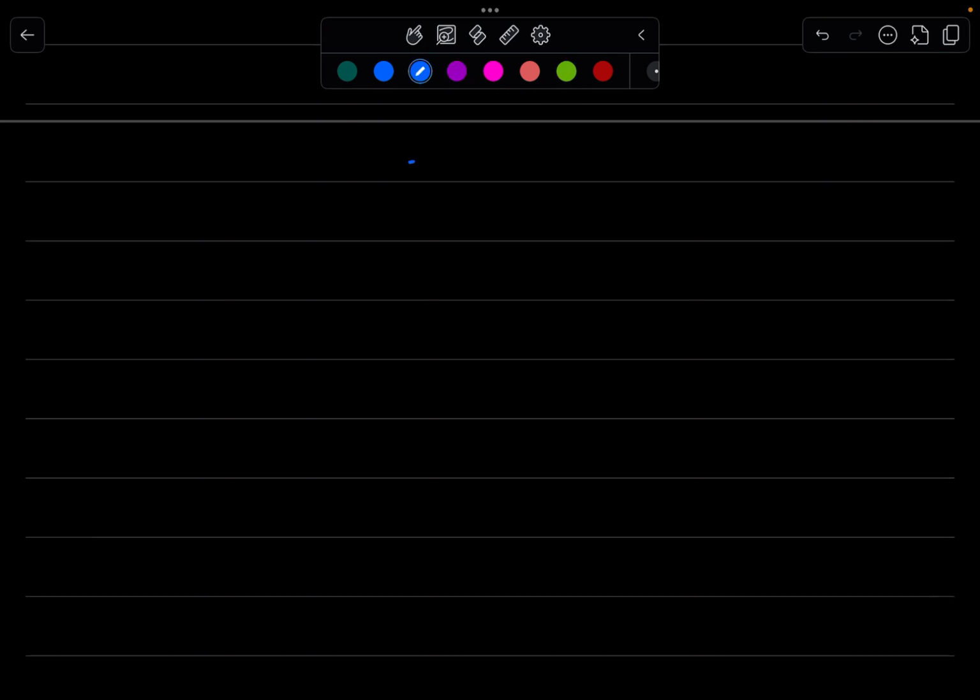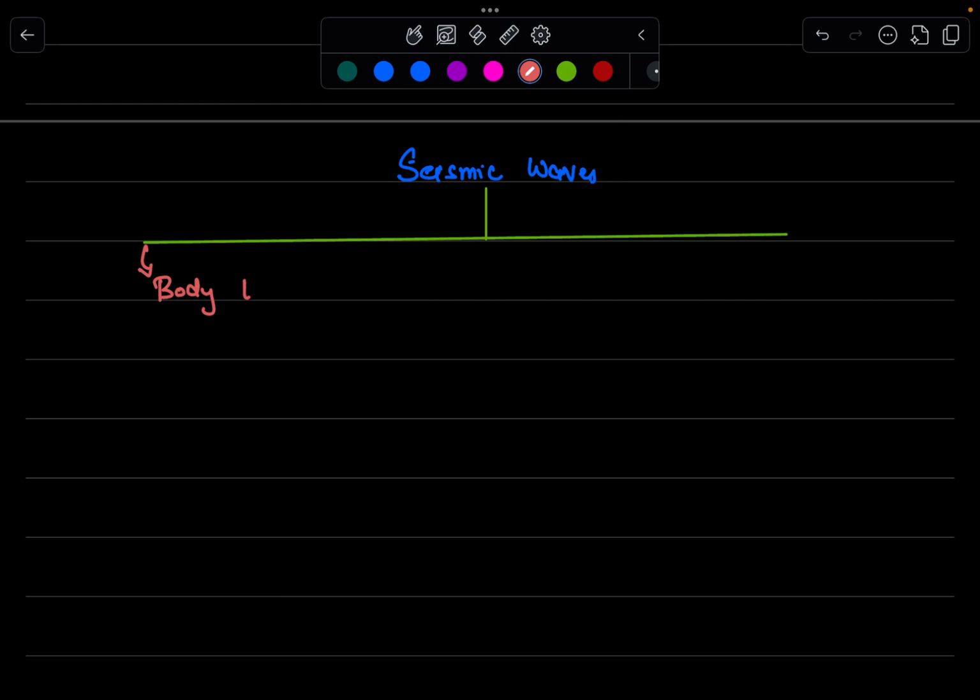So yes guys, how many types of seismic waves are there? We all know that there are 2 types of seismic waves. One is the body waves. Another one is the surface waves.